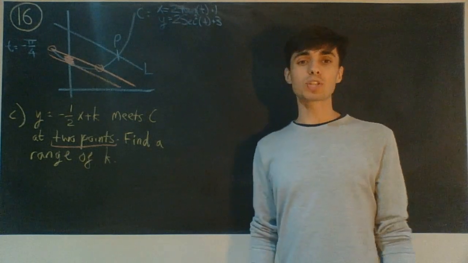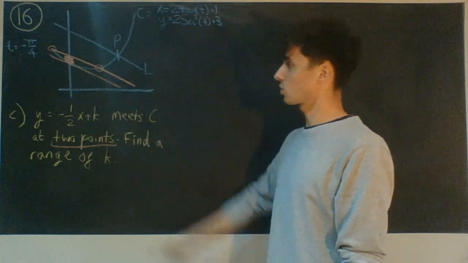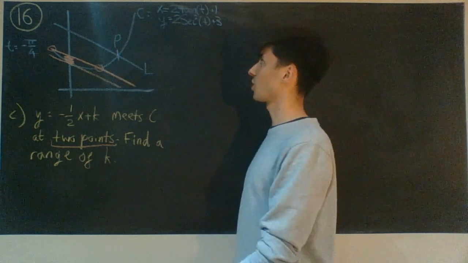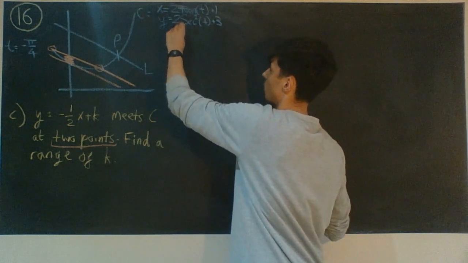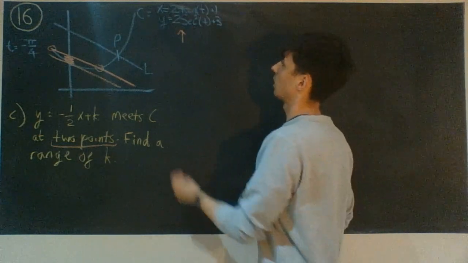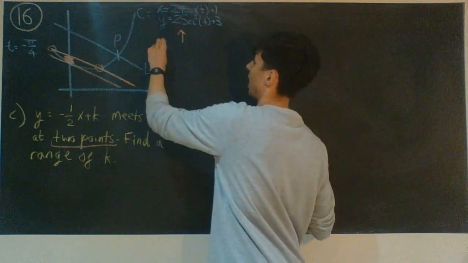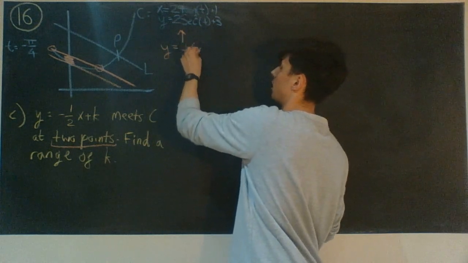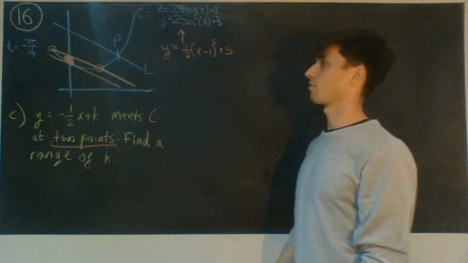One idea that usually works for these kinds of things is making the two equations, so the equation of our straight line and the equation of our curve, equal to each other and solving something. If you remember, in the last part of our question, we worked out that these parametric equations have a Cartesian equivalent, and that is that y equals 1/2 of x minus 1 squared plus 5.